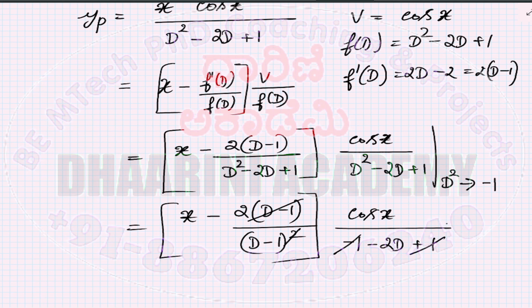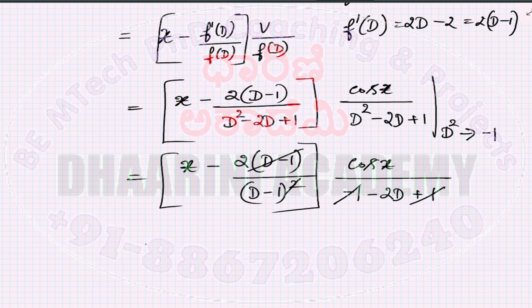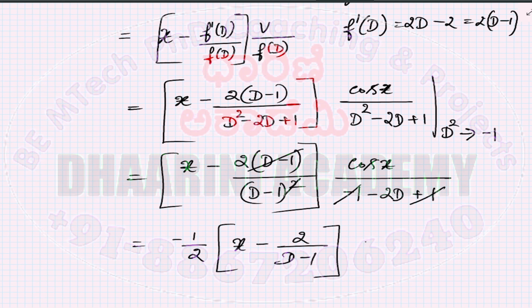So I know that D is coming into the denominator, so I need to simplify that further. So what I do, I'll keep the minus 1 by 2 outside. There is x minus 2 over D minus 1 into, so this is cos x.